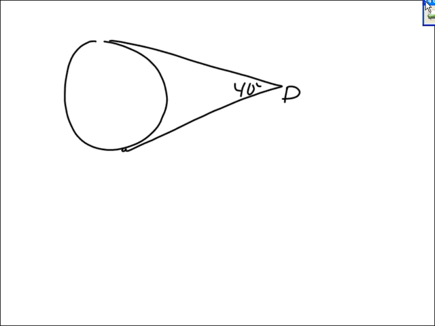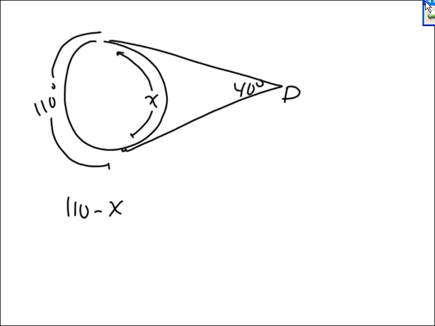If this is 40 degrees and this is 110, this being that amount, how much is X? How much is that arc? Well, 110 minus X, when you divide it by 2, gives you that angle outside, 40. 2 times 40 is 80.